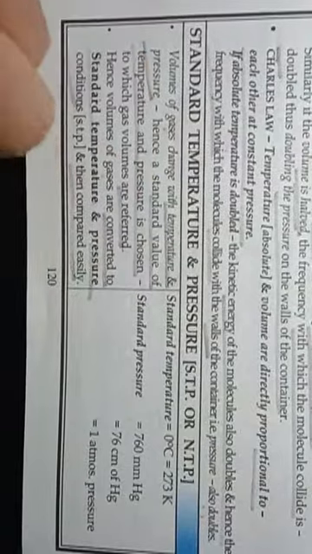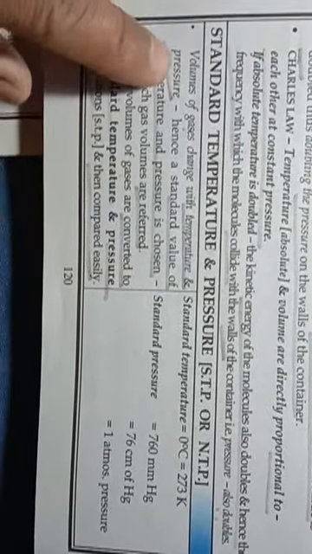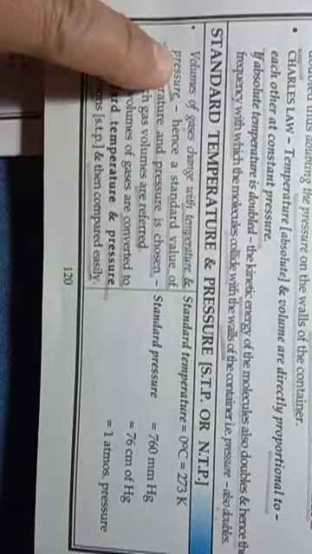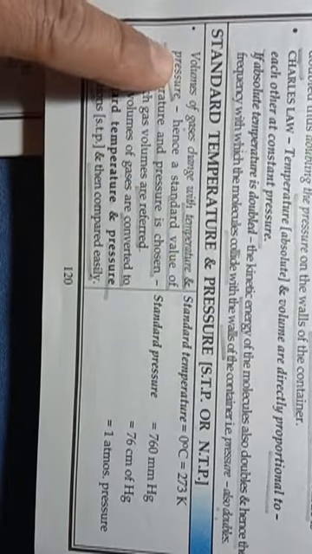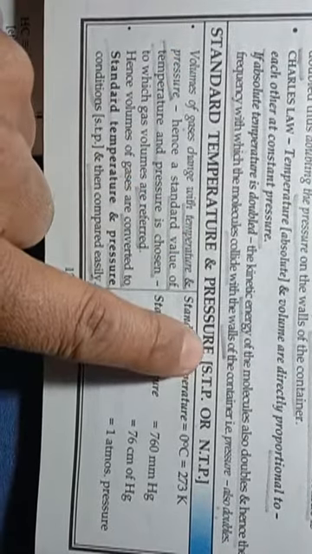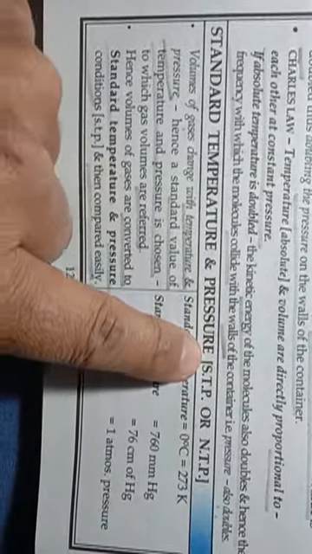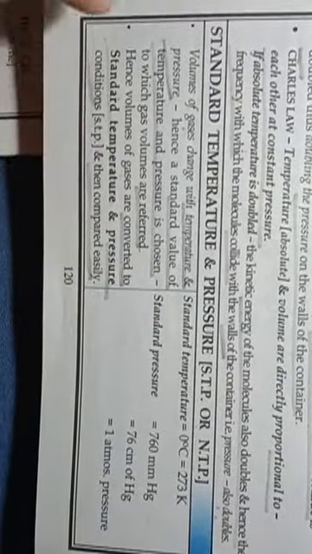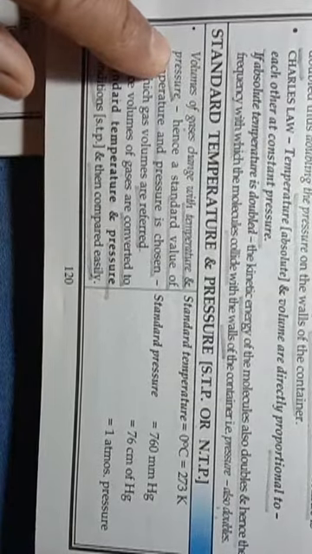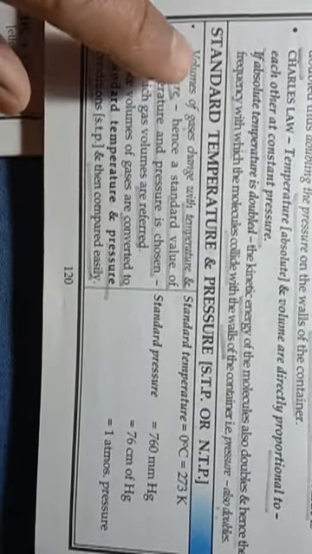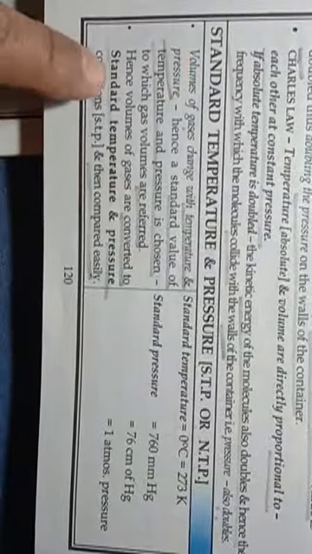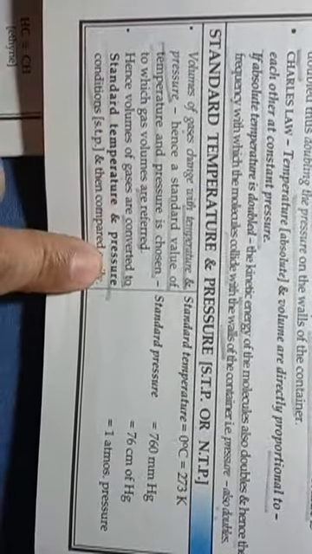That is why we have to change the values of pressure and temperature to standard values. Okay, and that standard value of temperature and pressure is known as STP. So we compare all the volumes of different gases at standard temperature and pressure conditions.